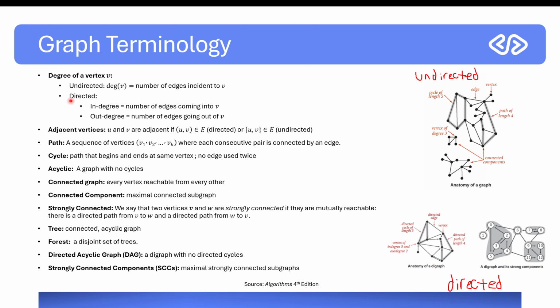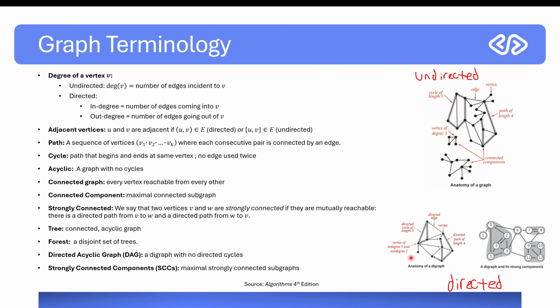And again, for directed graphs, since we're not going back and forth, we have to define it a bit more precisely. So we can have in-degree, which is how many arrows are pointing at V, and out-degree, which is how many arrows point out from V. So we have this one here.